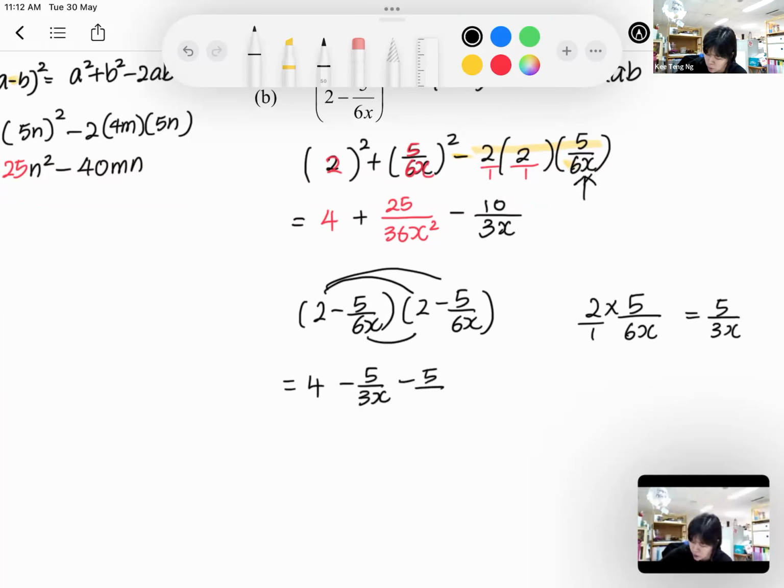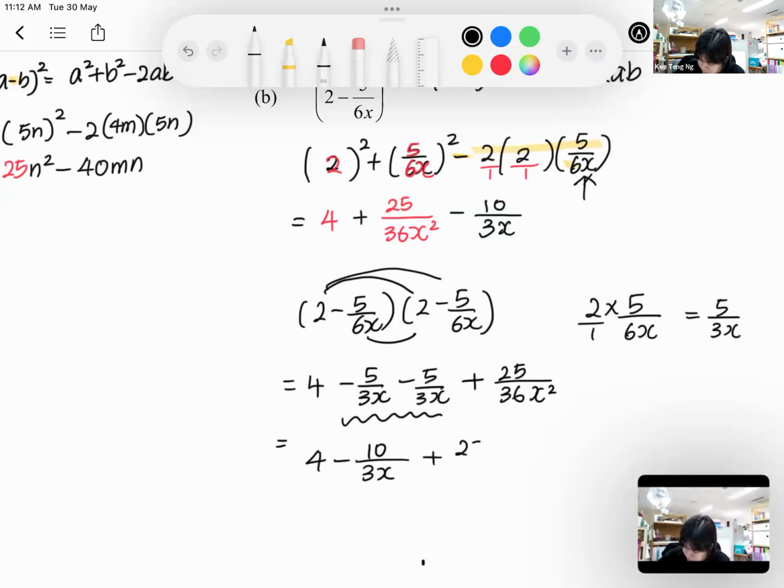Similarly, negative 5 over 3x. Negative times negative is positive, 5 over 6 times 5 over 6, 25 over 36, x times x, x squared. Then you simplify this. Use your calculator wisely. Negative 10 over 3x. Both methods can give you the correct answer, just that they appear slightly different.